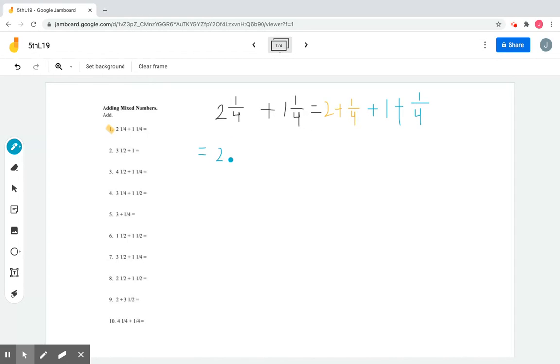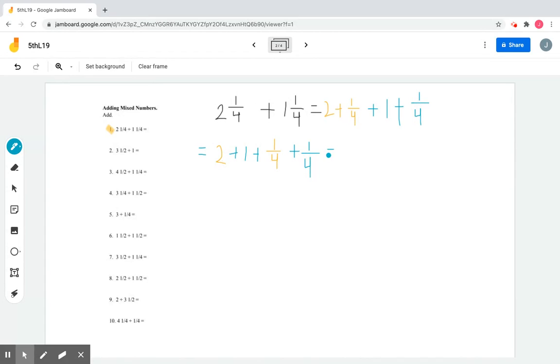So it will be 2 plus 1, plus 1 over 4, plus 1 over 4.